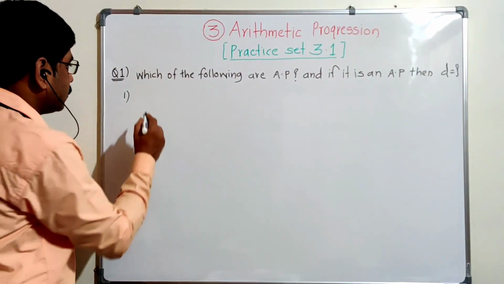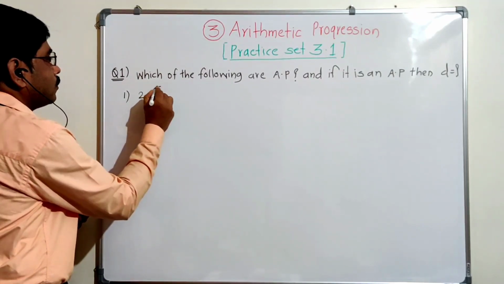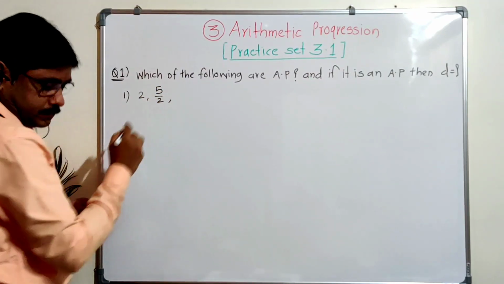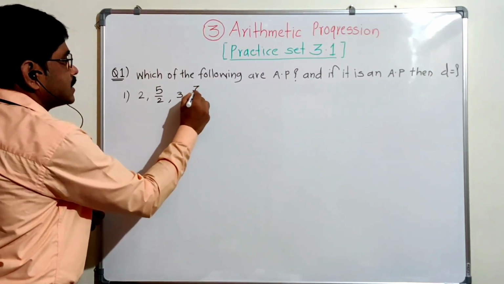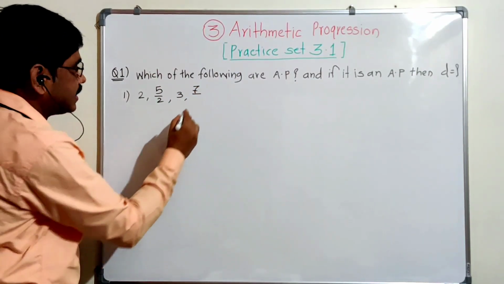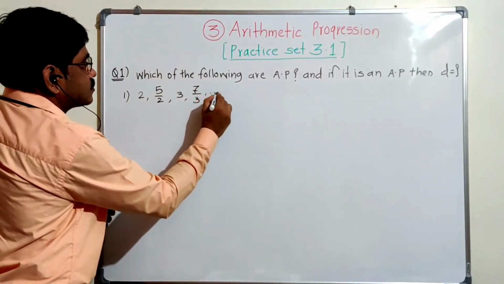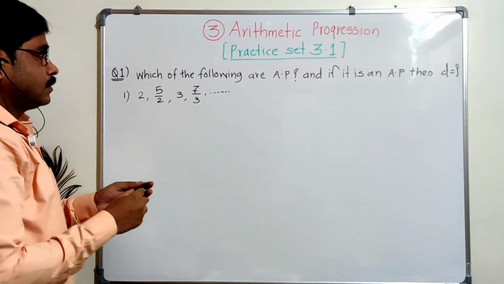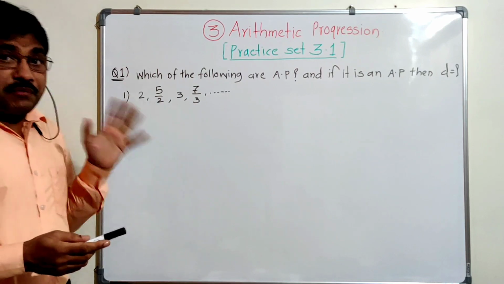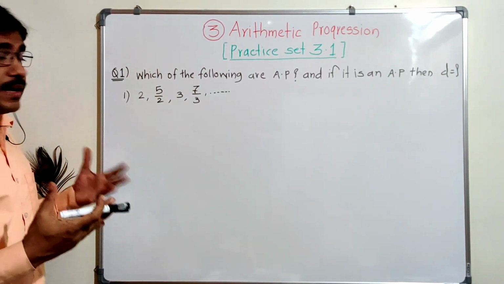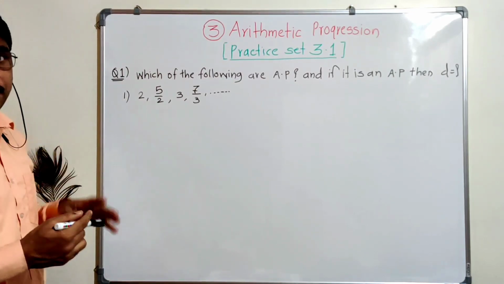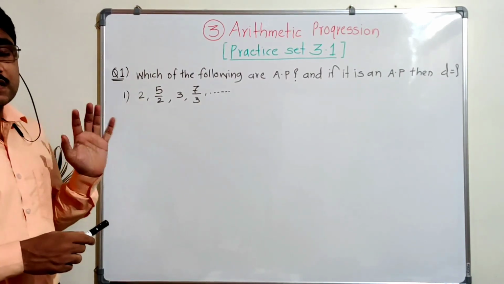2, 5 by 2, 3, 7 by 3, and so on. If fractions are there, then students feel it is very difficult, but it is easy. First write what is the step.